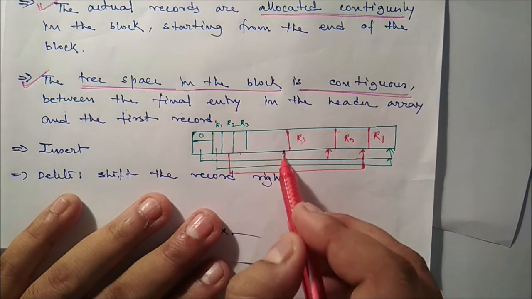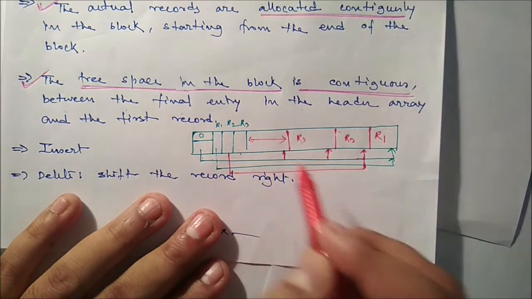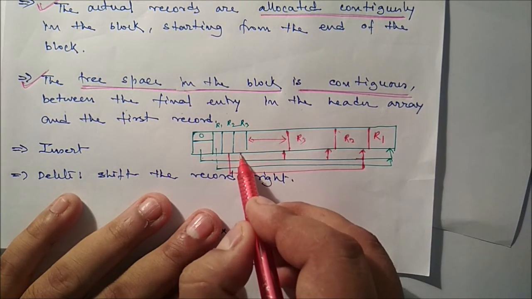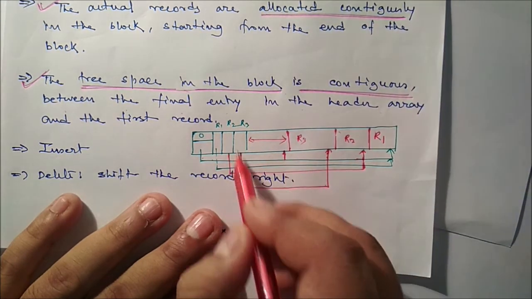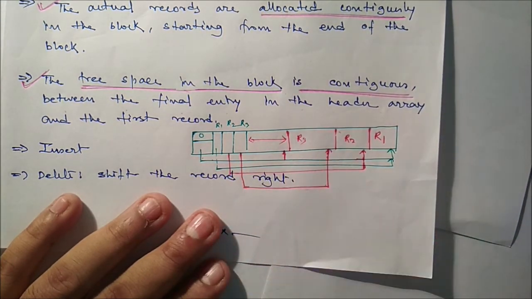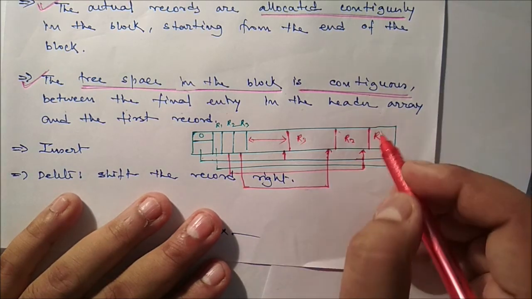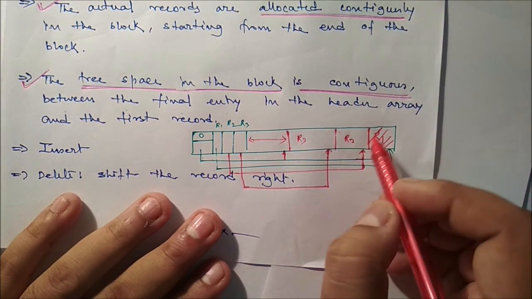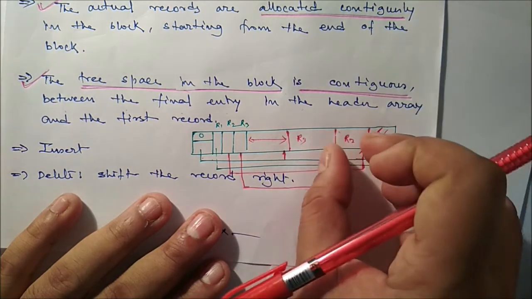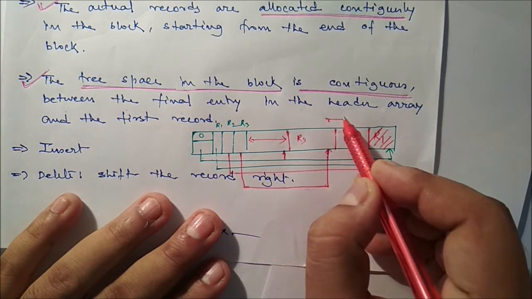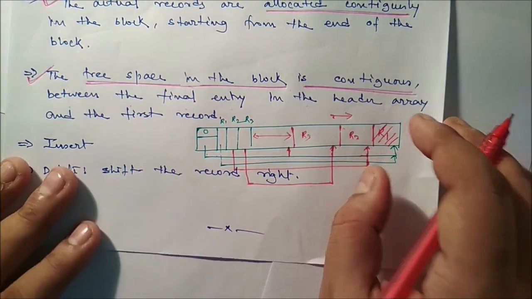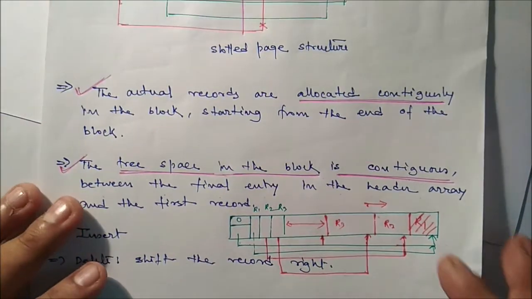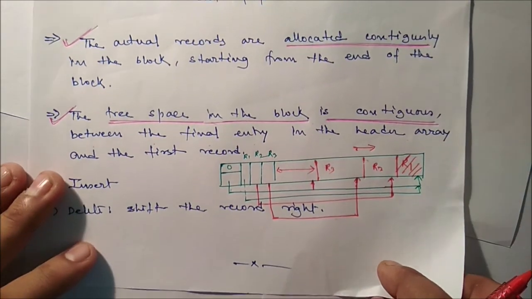That means this part is the free slot part, and R3 needs this particular address, so we can track where R3 is in this way. Suppose we want to delete R1, so we have to shift the blocks to the right side after the delete. Are you getting this one? So this is nothing but our slotted page structure, and that is the end of this particular video.